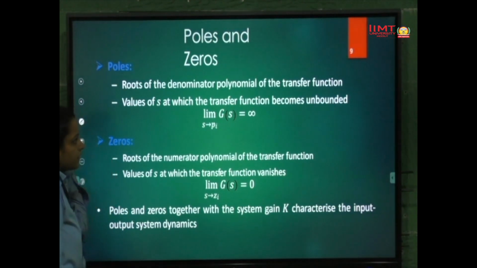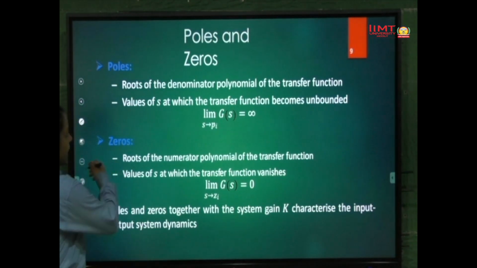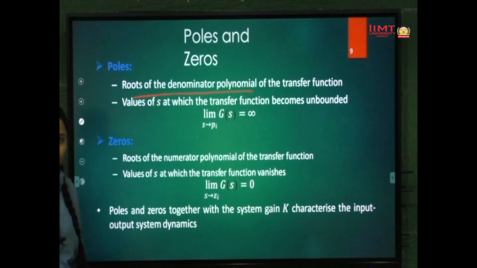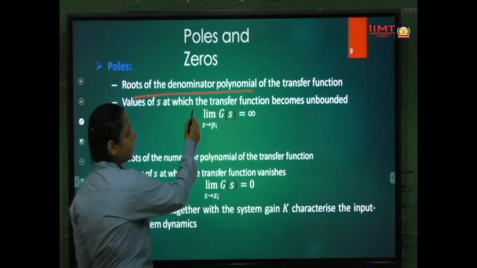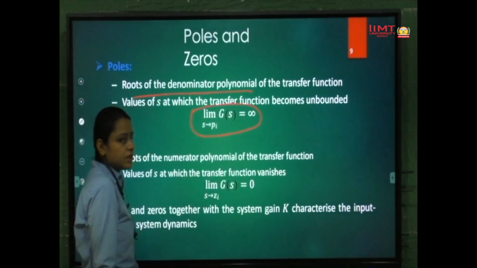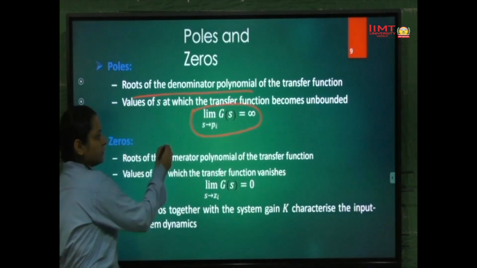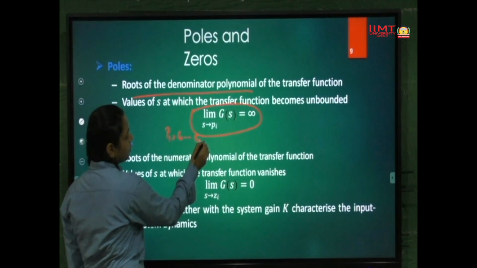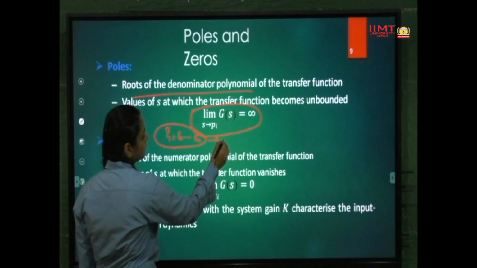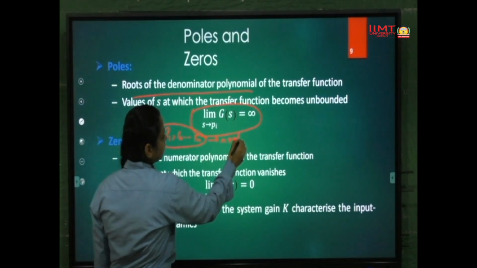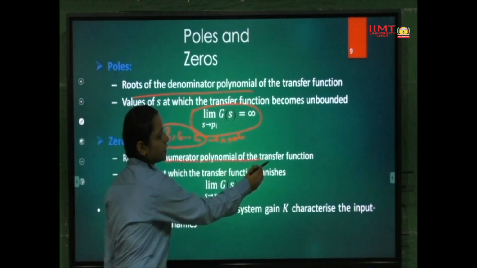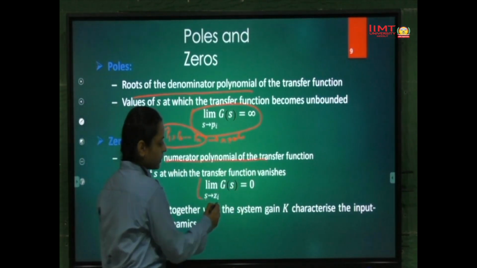Poles and zeros, as we have seen in the previous slide: the roots of the denominator polynomial of the transfer function are known as poles, where the transfer function becomes infinite. For the previous equation, we have P1, P2 up to Pn, so a total of n poles. Zeros are the roots of the numerator polynomial of the transfer function, where the transfer function becomes 0.